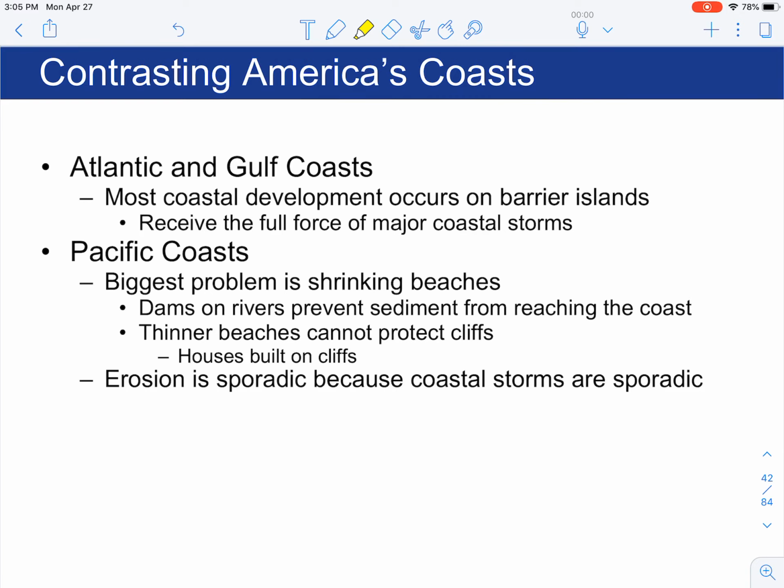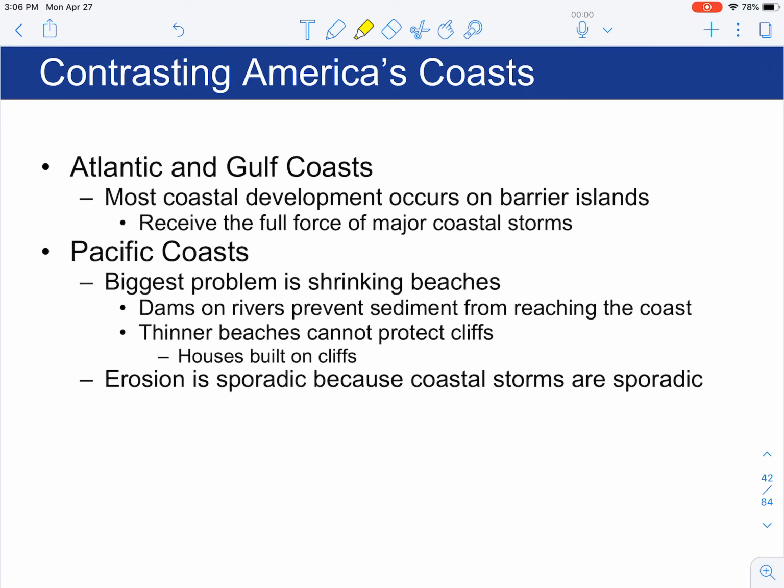And because there's so much development here, obviously these areas of the East Coast and the Gulf of Mexico are subject to severe storms and hurricanes. So again, if you've been to the East Coast, you know that human impact is definitely a concern here, because so many people vacation there and have homes there, and it's just highly developed.